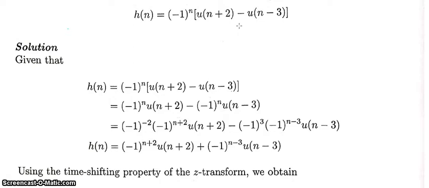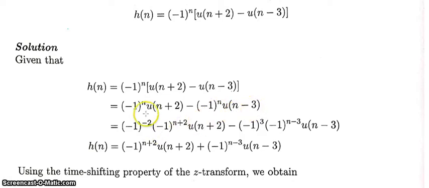And this minus 1, we are going to make some adjustments so that the power of minus 1 can be expressed as n plus 2 for the first term and n minus 3 for the second term. First we have opened the bracket, and now we have two terms: (minus 1) raised to n into u of n plus 2, minus (minus 1) raised to n into u of n minus 3.